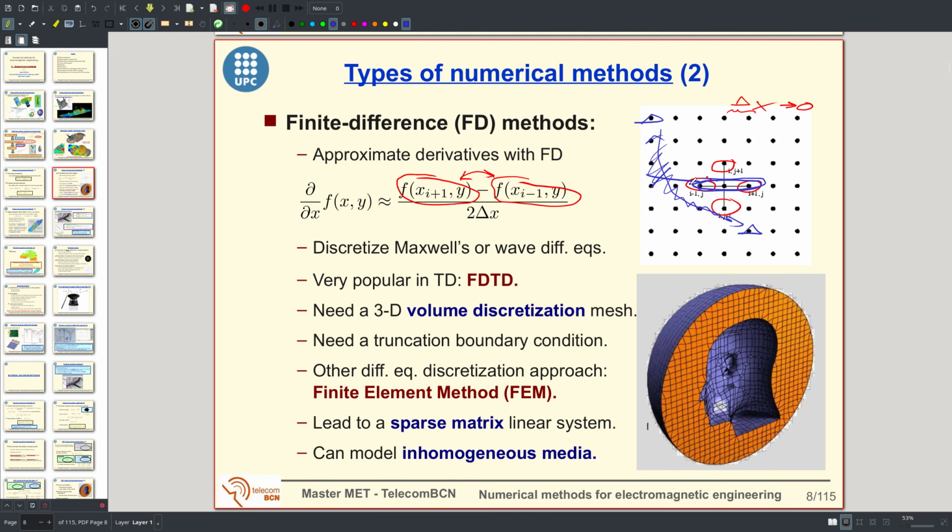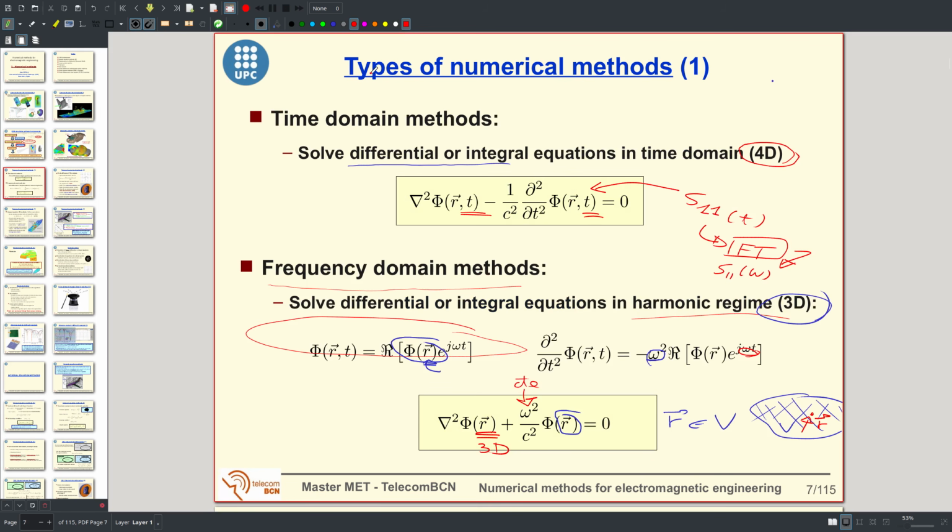So in the linear system where you get the relations between the samples, almost all the relations are zero. Only a few of them are not zero. So you get what's called a sparse matrix. Very important.